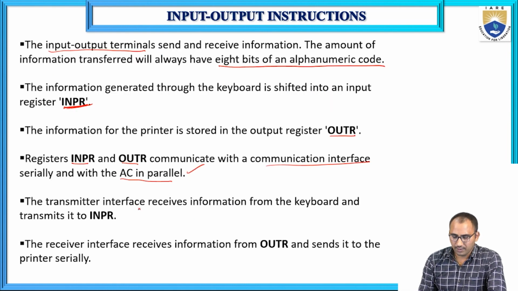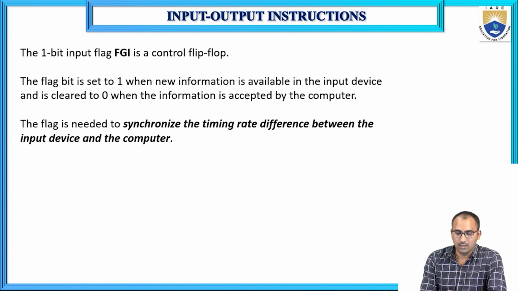The transmitter interface receives information from the keyboard and transmits it into the input register. The receiver interface receives information from the output register and sends it to the printer serially. The 1-bit input flag is a control flip-flop.